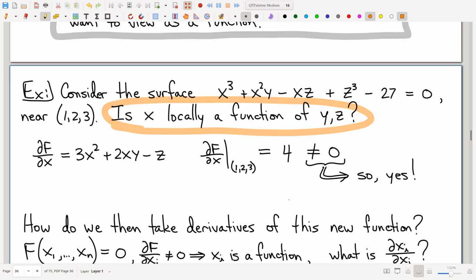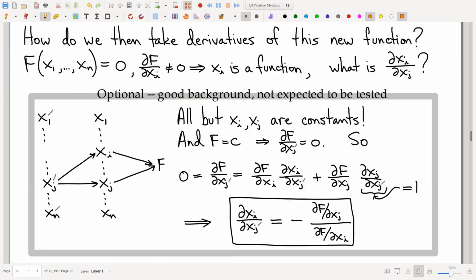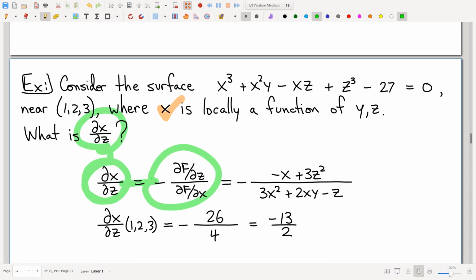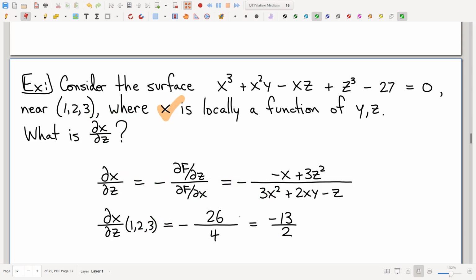Second, after having established that x is a function of y and z, we then compute the partial derivative with that formula, et cetera, et cetera. In practice, day in and day out, it will not be broken down like this. Okay? In practice, you're going to see questions that look more like this.